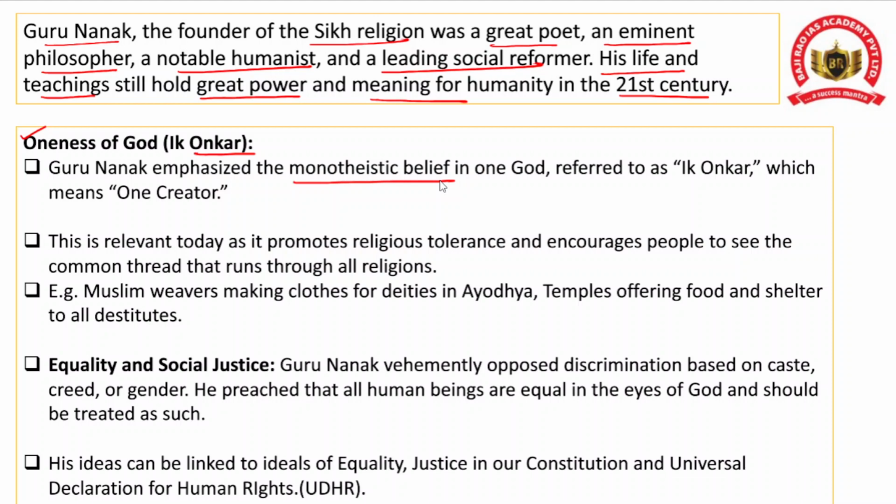Even within Hinduism there were different sects, and a few sects believed in the dualistic nature of God. In a similar way, Guru Nanak Dev Ji emphasized monotheistic belief in one God, referred to as Omkar, which means one creator. The creator of entire humanity is one. So he essentially believes in one creator.